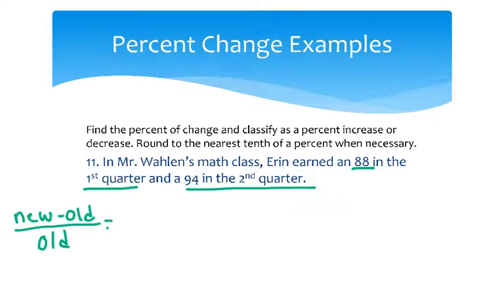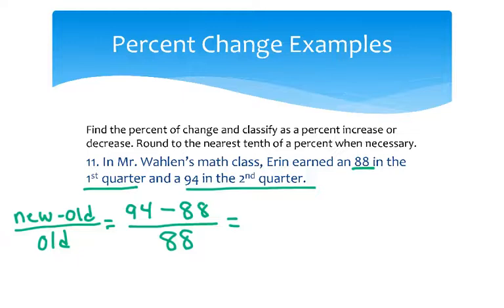Well, the newest marking period, so the newest quarter, she earned 94 minus the old, so that would be the first quarter, 88, all over old, which is 88.